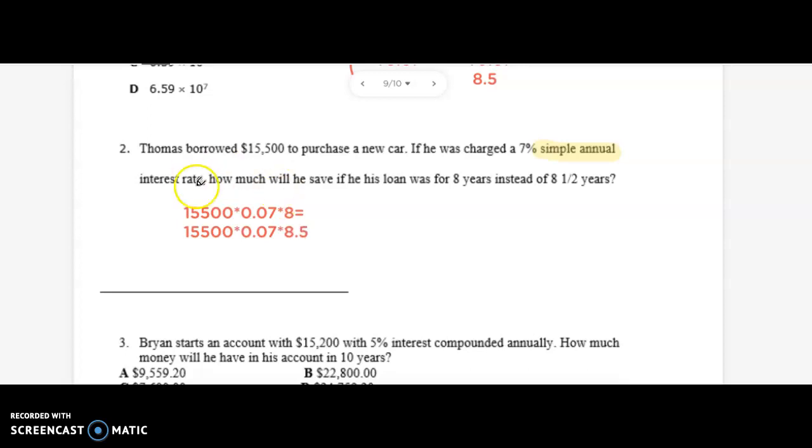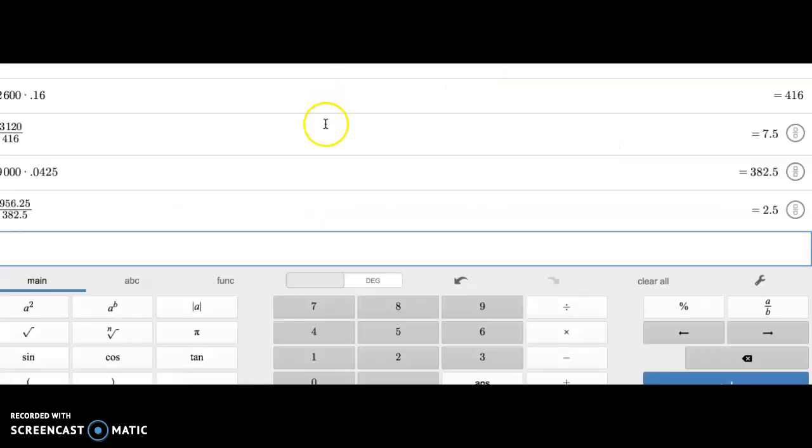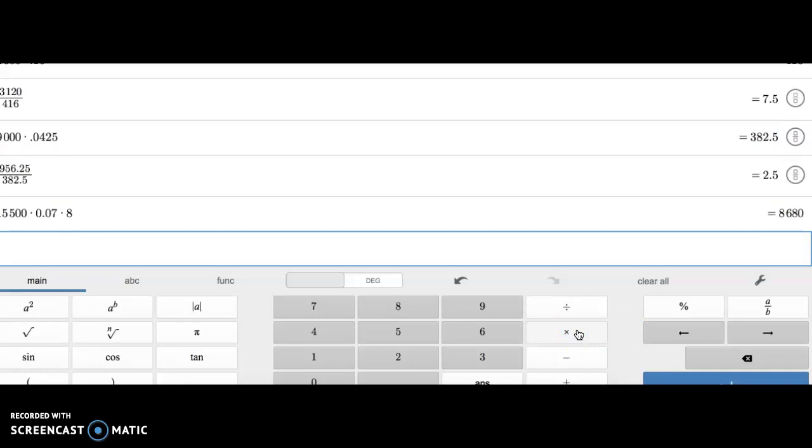And so I'm going to go to my Desmos calculator and do this calculation. Looks like I didn't clear my Desmos, but that's fine. 15,500 times 0.07 times 8, and it tells me that that's 8,680.